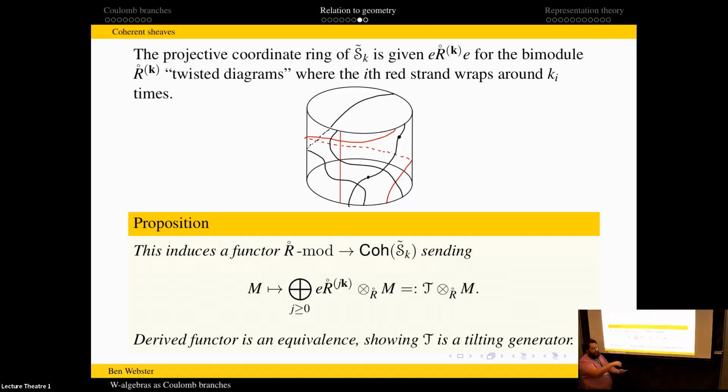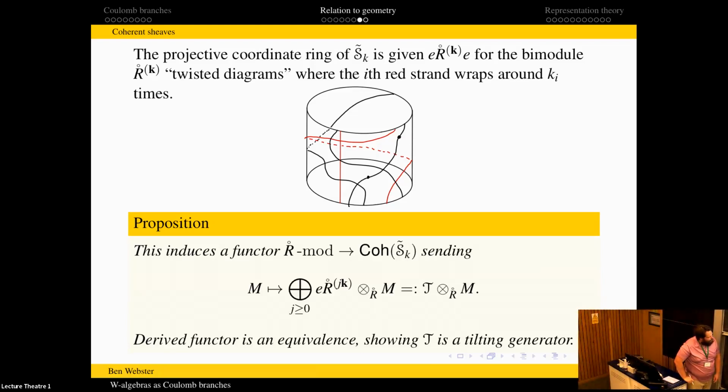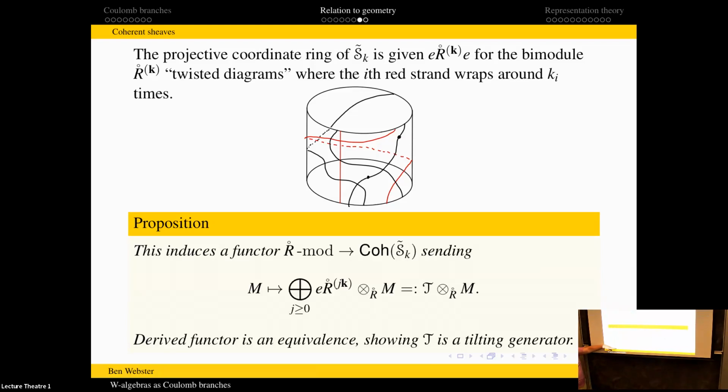I then put on diagrams that start matching something in this module and then connect to the special idempotent at the top. And then I can put more things with the special idempotent, but with red going around on top of it. That's what this means: diagrams from N, with J rotations on top of it, and then this special idempotent at the top, so functions in the Coulomb branch connect. This looks like a strange functor, but it turns out it's actually a derived equivalence.